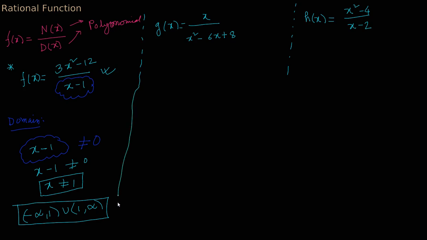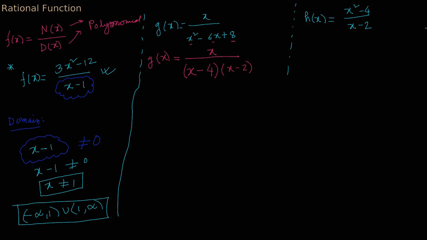Now let us look at my second problem. As you can see, I have a denominator, so I'll try to factor it. I have x squared minus 6x plus 8. If I factor it, I get (x minus 4) and (x minus 2). These are my two factors.